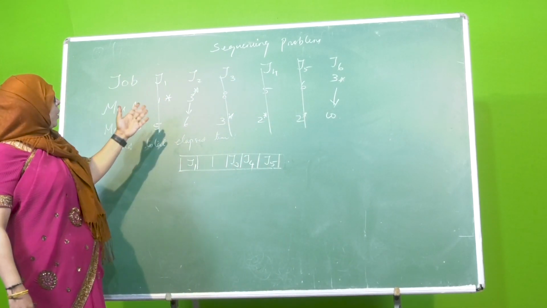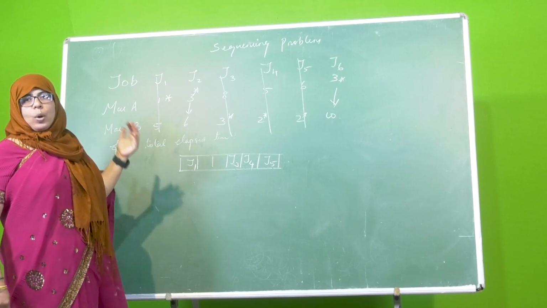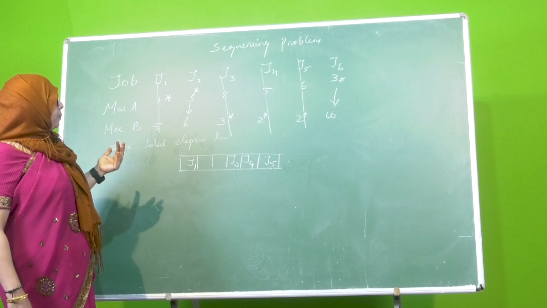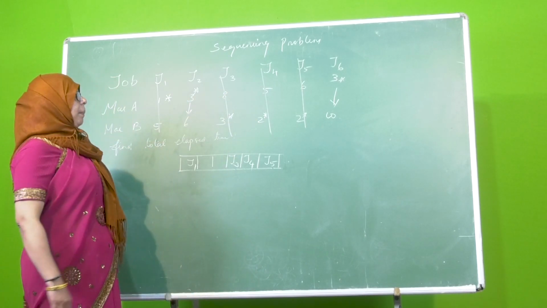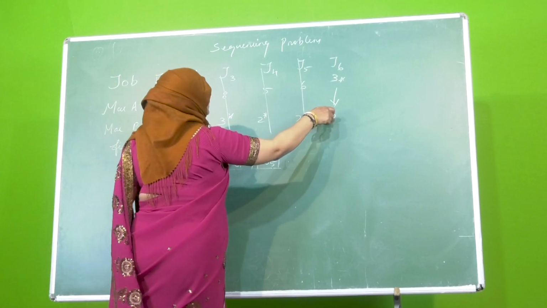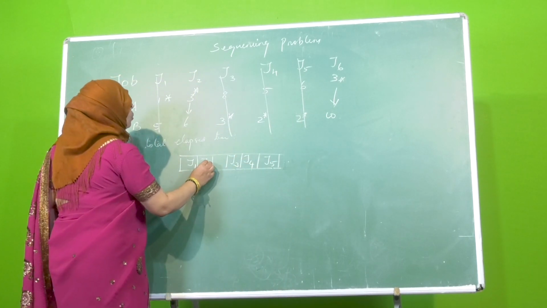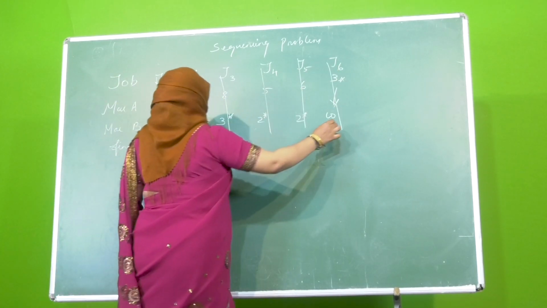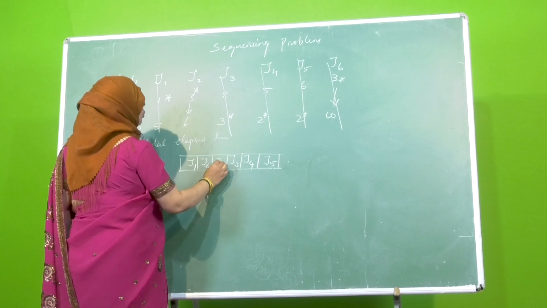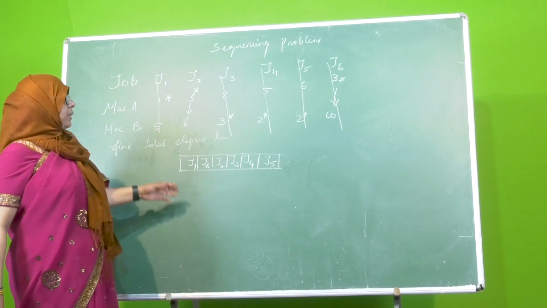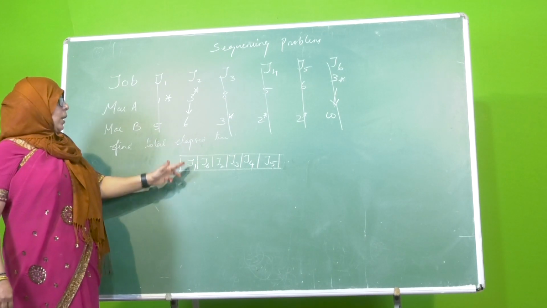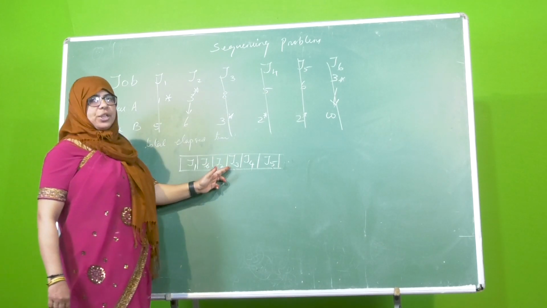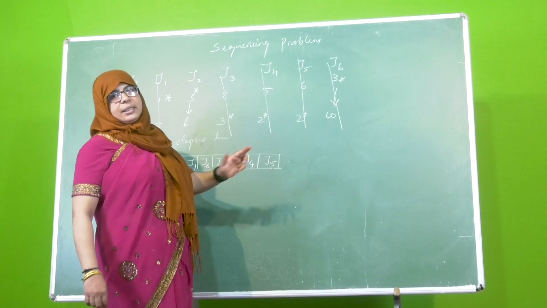Among these two, which one gets the first priority? J6, because the corresponding element 10 is the higher. So J6 and then J2. What is the order? J1, J6, J2, J3, J4 and J5.